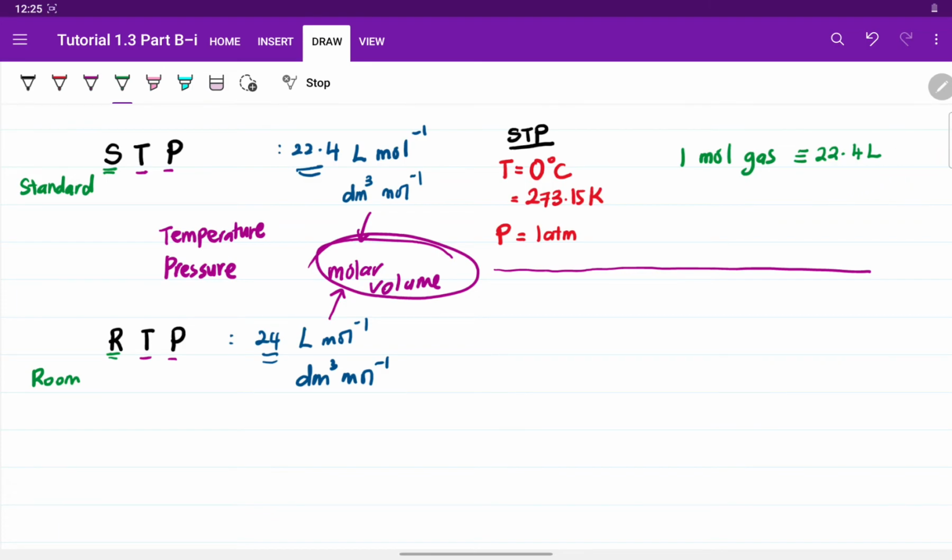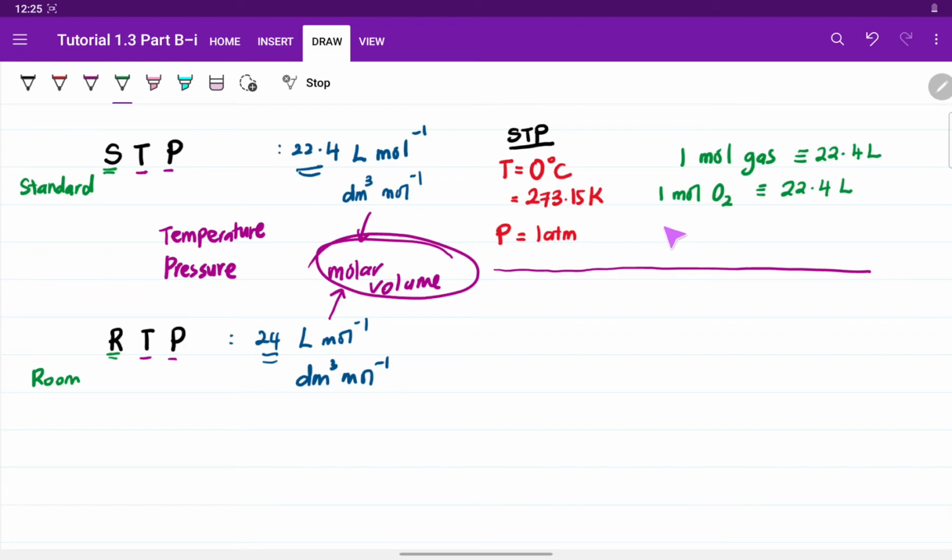So, saya bagi contoh. Katakan saya ada 1 mole gas, 1 mole oxygen gas. So, at standard temperature pressure, at 0 degree Celsius and 1 atm pressure, if I have 1 mole of oxygen gas, jadi berapa volume oxygen gas sebenarnya yang saya ada? 22.4 liter.